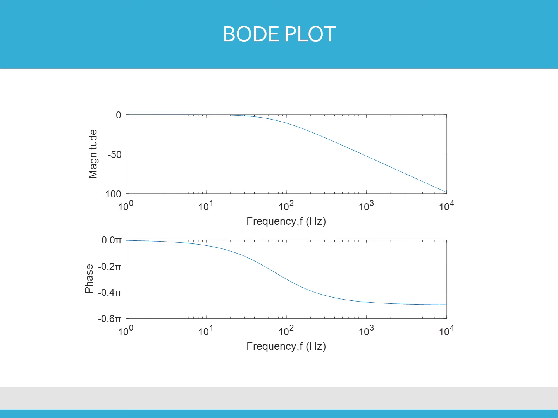So you can see here, this is the Bode plot, the semi-log x. Basically the x-axis is the logarithm: power of 0, power of 1, power of 2, power of 3, power of 4. So the result will be something like this, and this is the phase.